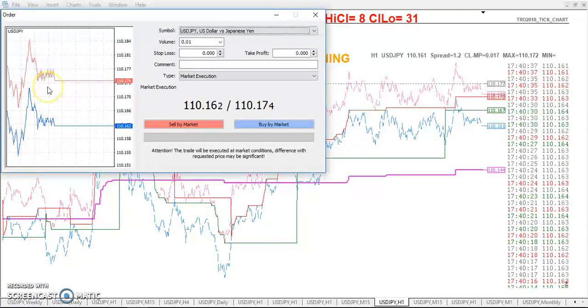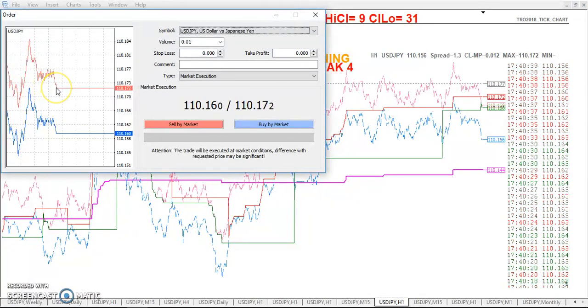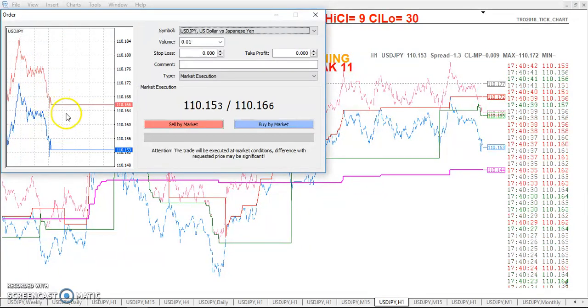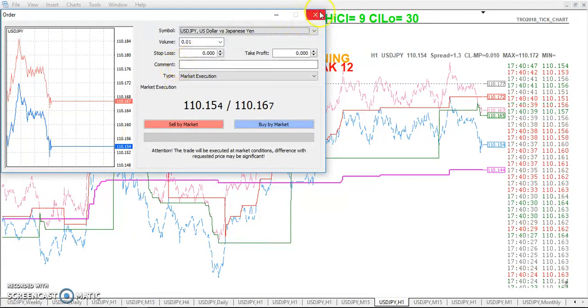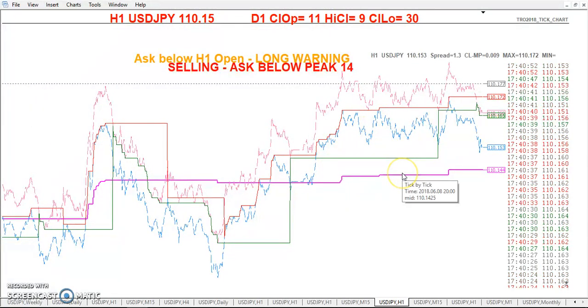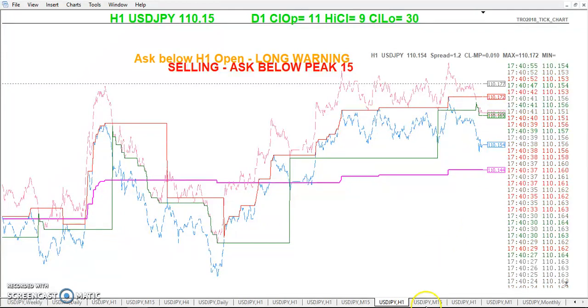It started to go up. And you can see right here, price just went below there, and what's happened? Price is starting to come down. And to me, that's price action at the tick level, looking at the spreads.